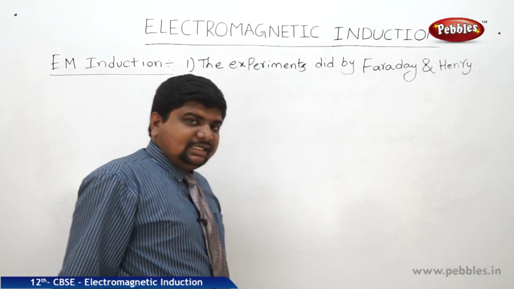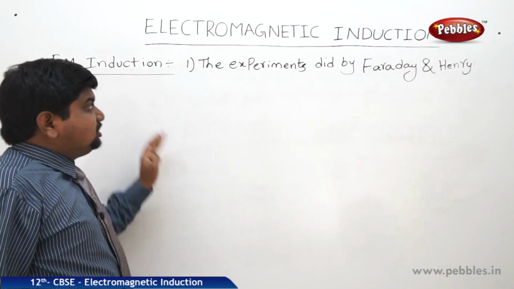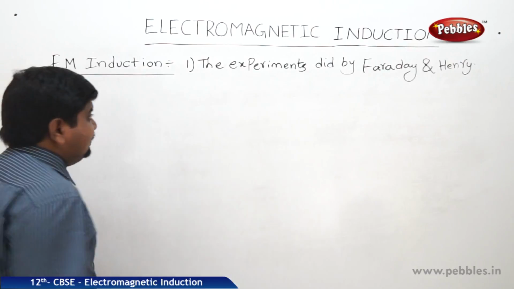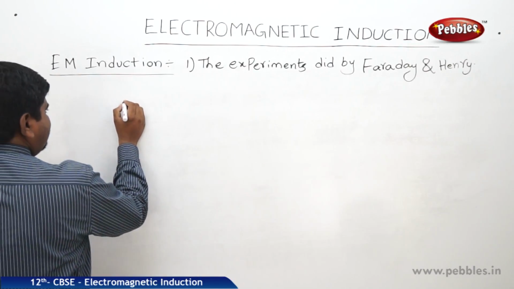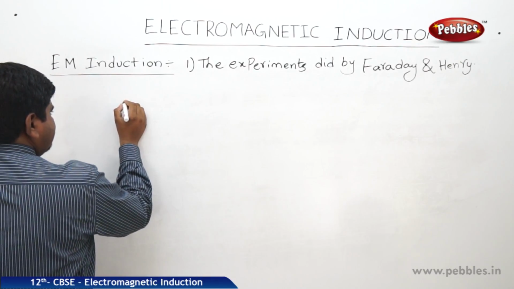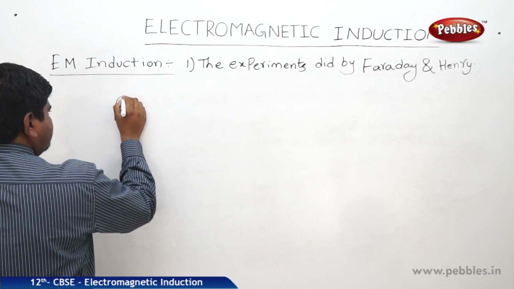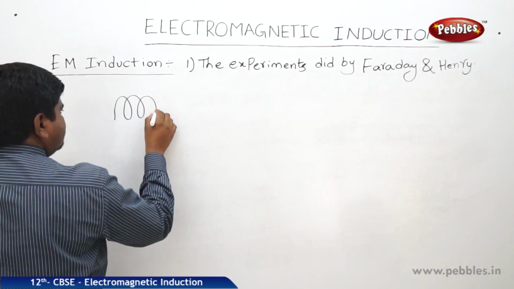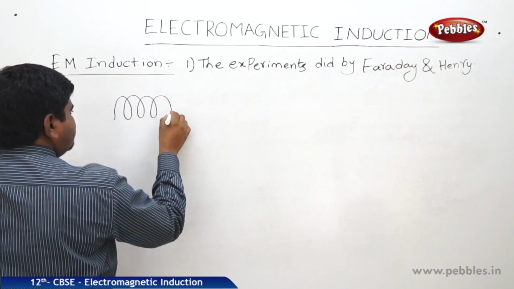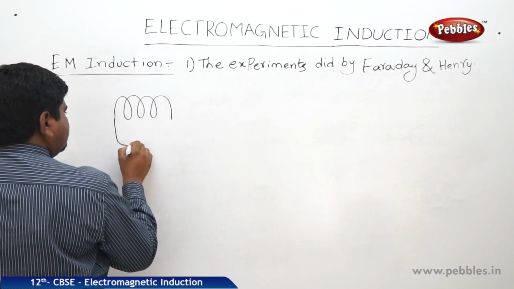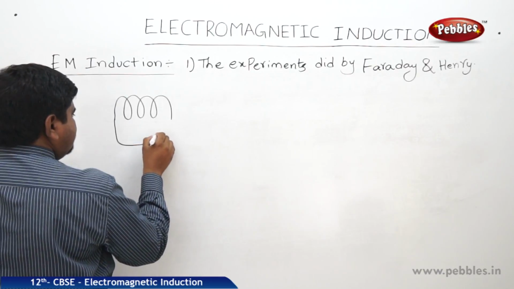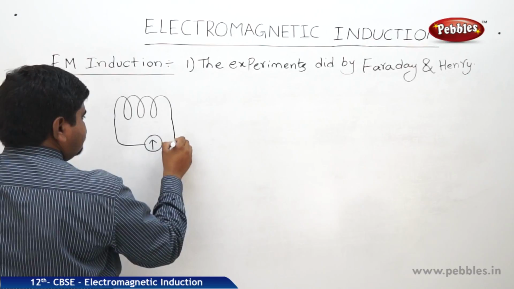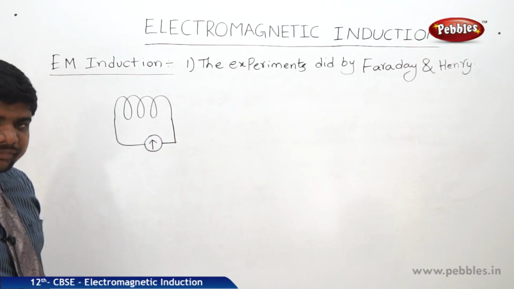These two scientists did experiments to check the converse effect of electric field to magnetic field. For that purpose, they took one coil. The two ends of the coil are connected to a galvanometer.